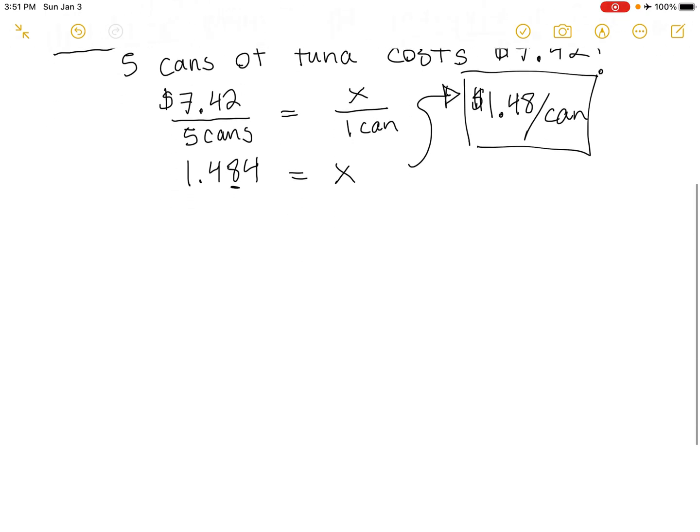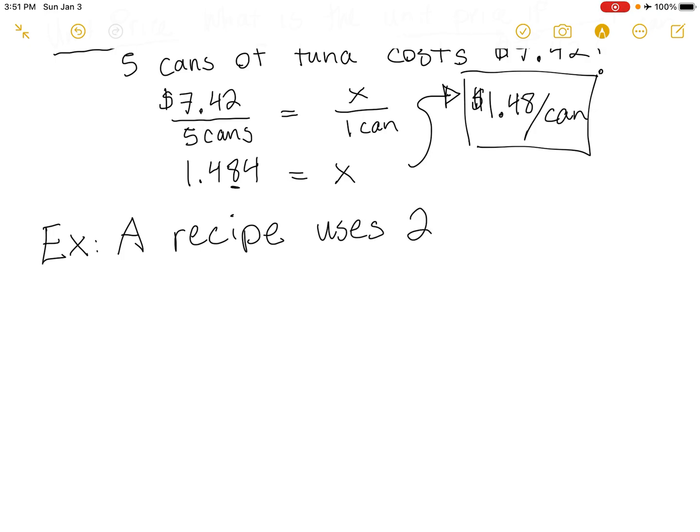Okay, the other type of question that you could do using proportional reasoning is something like this. Let's say I had, I don't know, a recipe that uses 2 cups flour and 3 eggs. Okay.